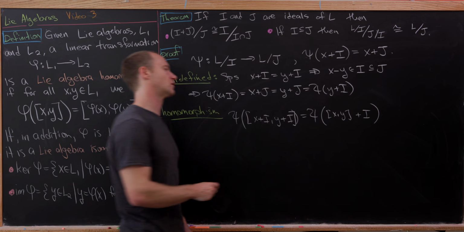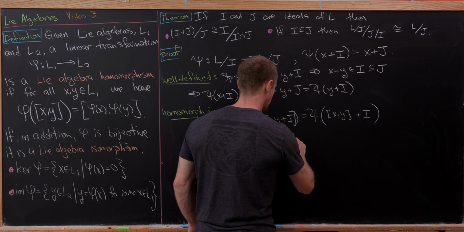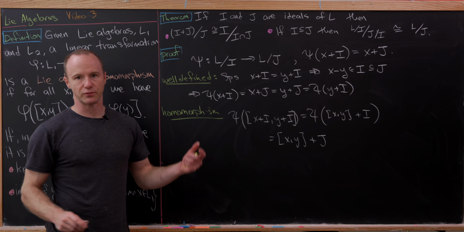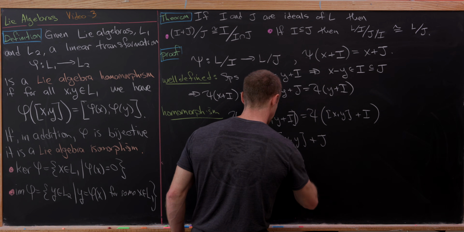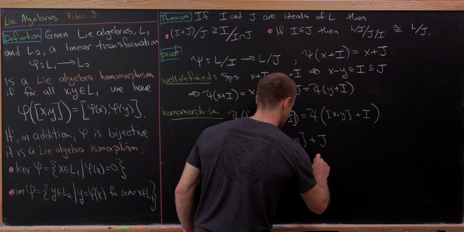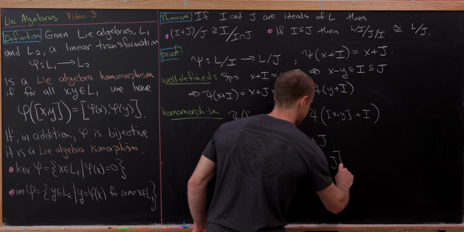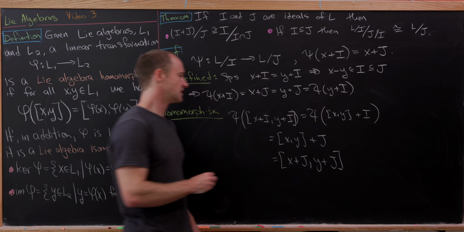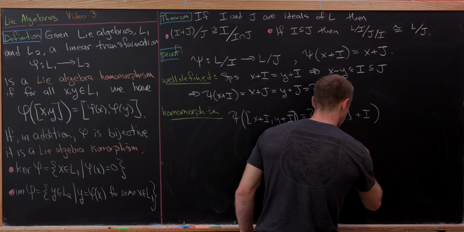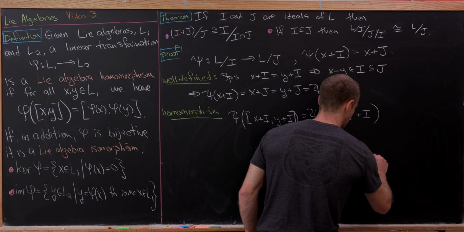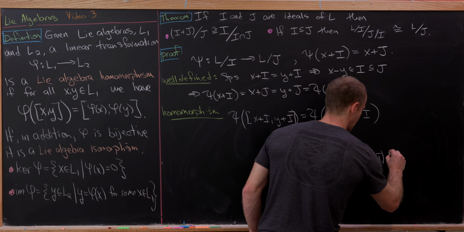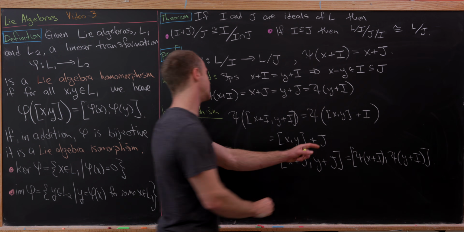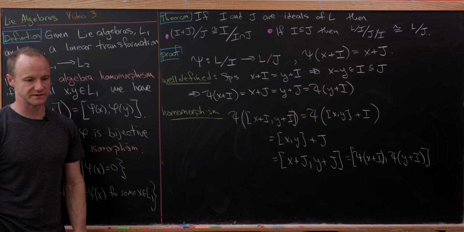But then applying the rule for psi, we see that that is bracket xy plus J. But now we can just bring that back out. So that's the same thing as the bracket of x plus J with y plus J, again because of how we define brackets inside of quotients. But now that's exactly the same thing as the bracket of psi of x plus I and psi of y plus I. But then that's exactly what we needed to be a Lie algebra homomorphism.